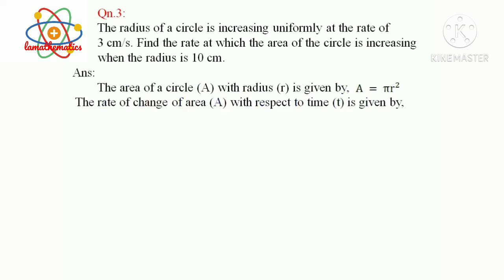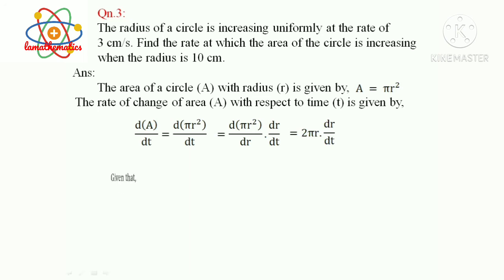The rate of change of area capital A with respect to time t is given by d by dt of capital A equal to d by dt of pi r square equal to d by dr of pi r square into dr by dt equal to 2 pi r into dr by dt.